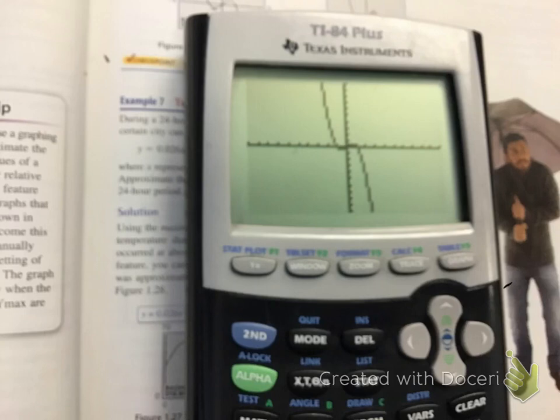So I'd like to zoom in a little bit. So I'm just going to hit zoom in, choice 2, and hit enter. And then I get a much better picture of what's happening.